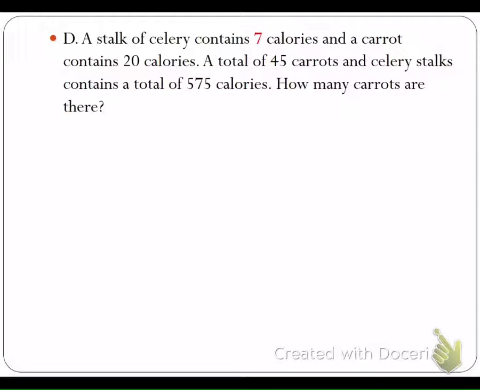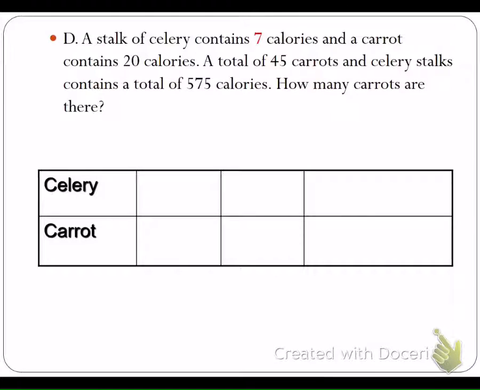All right, a stalk of celery contains 7 calories, and a carrot contains 20 calories. A total of 45 carrots and celery stalks contains a total of 575 calories. How many carrots are there? So, similar idea here, except we know the information we didn't know in last night's homework.